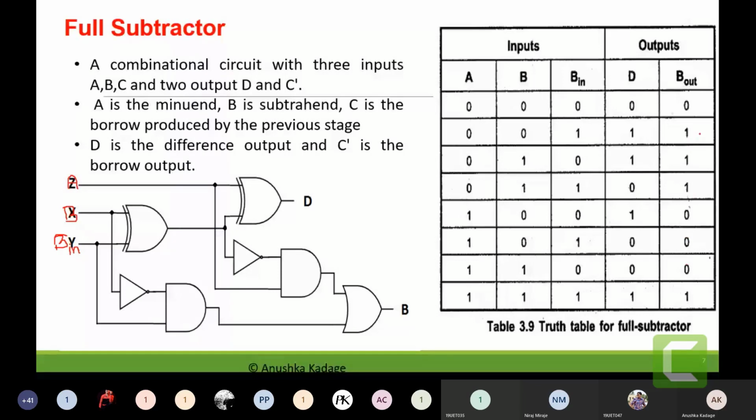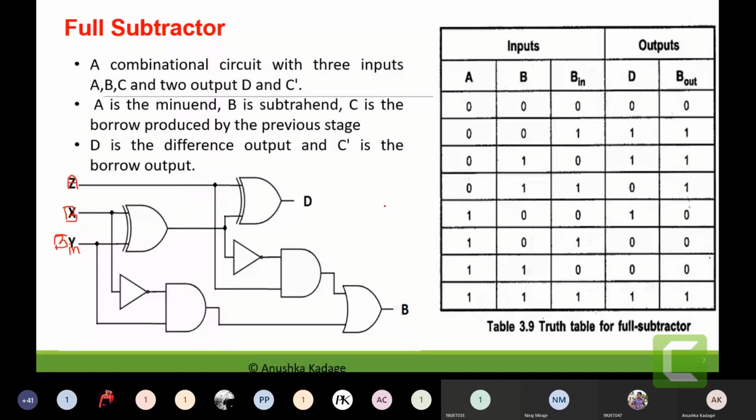In the K map, wherever 1 outputs are specified for B out in the column, the corresponding input combinations in the K map we have to mark as 1. And the simplification by grouping of ones has to be done, and then we will get the connectivity like this for getting the borrow output value generated for this full subtractor.